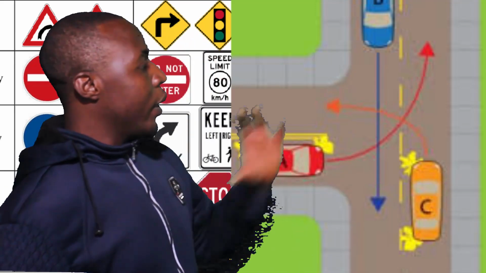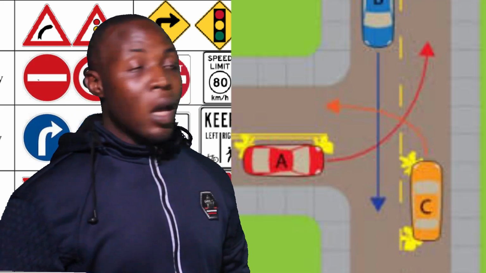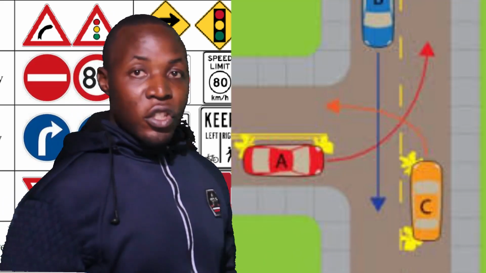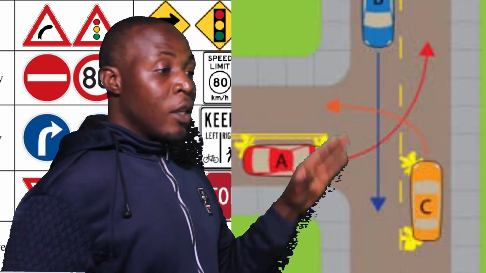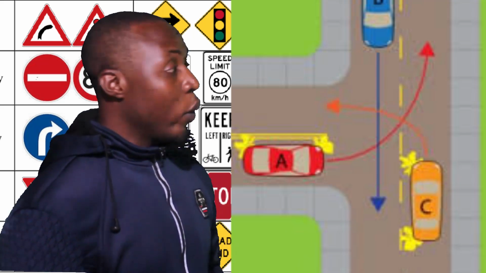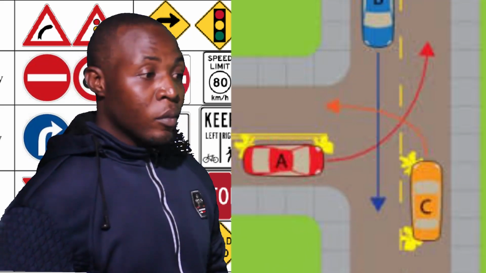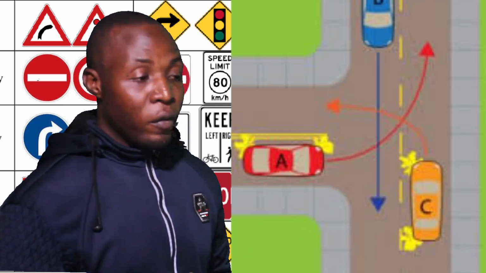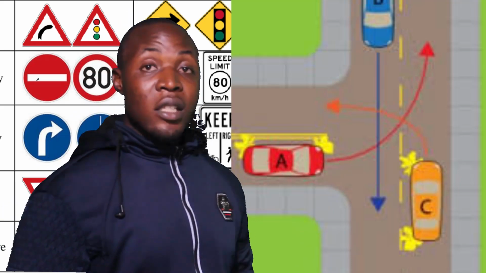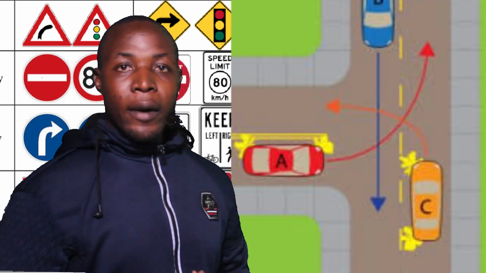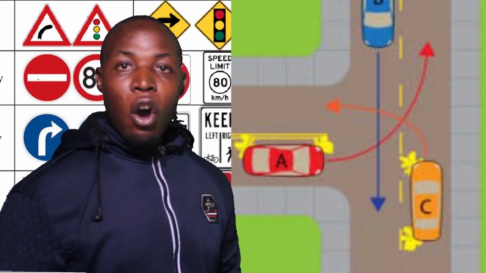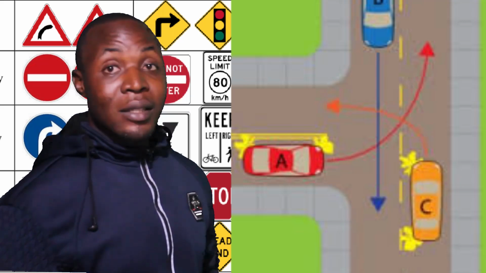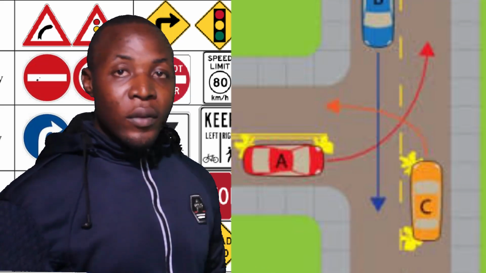We have this image, and this structure is still a T-junction, and on this road we have three vehicles. We have the blue vehicle, the red vehicle, and the yellow vehicle. So in this situation, in normal circumstances, who has the right to pass first on this road?